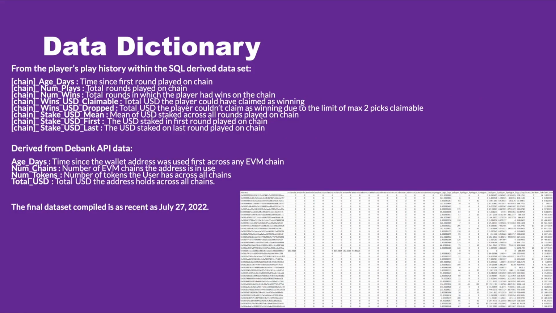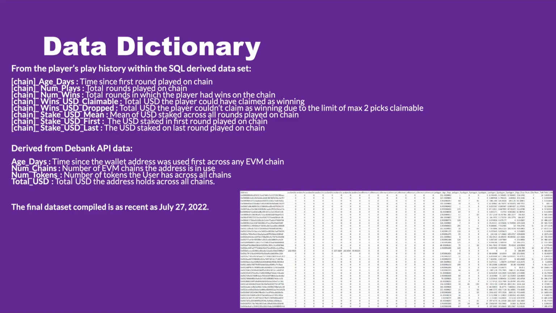Okay, and then ultimately we created what we're thinking of as a player's play history within the SQL database. We created that data set with the following columns. Again, remember, this is all with respect to the chain that we're analyzing, so there are a lot more columns than you see here because it's all per chain.